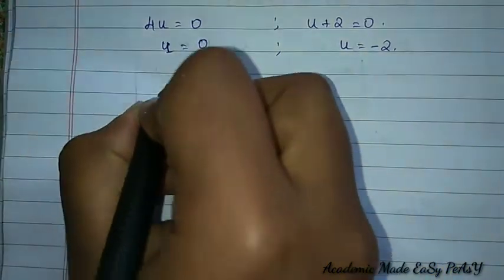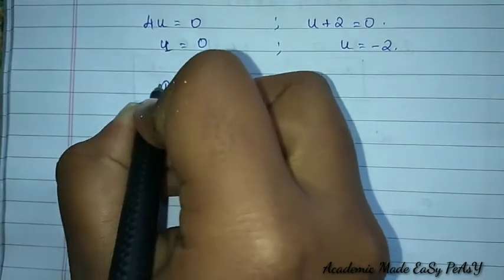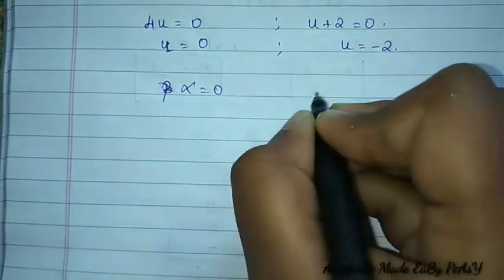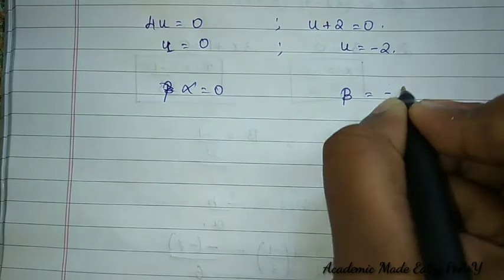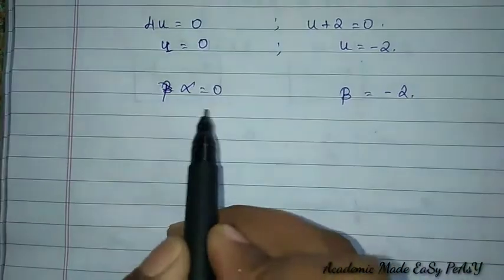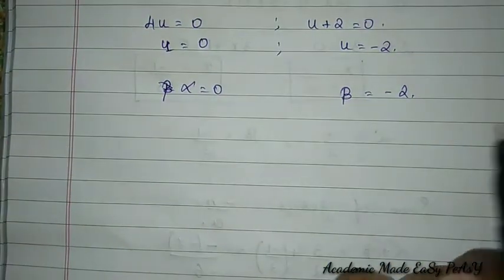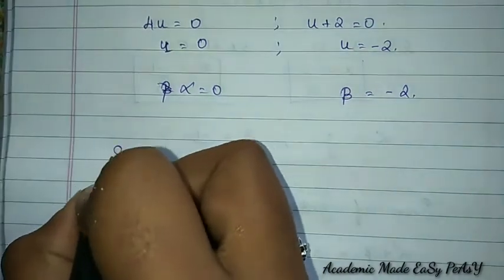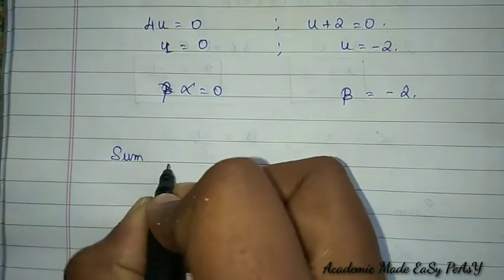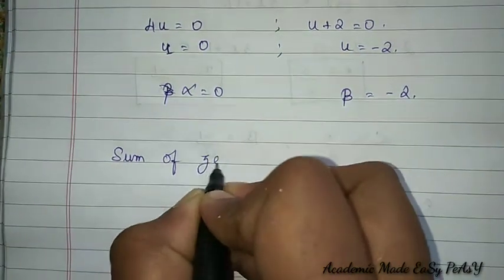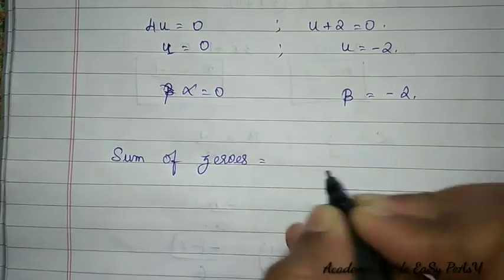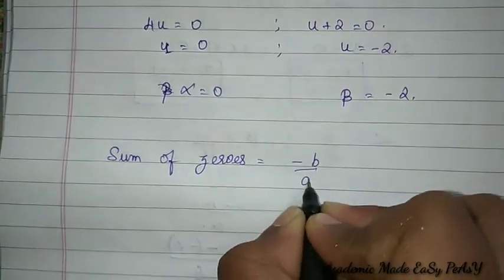Now I will take alpha is 0 and my beta is equal to minus 2. You can take anything, okay? You can take this also as beta, nothing wrong. So here now I will verify. So sum of zeros is equal to minus b by a.